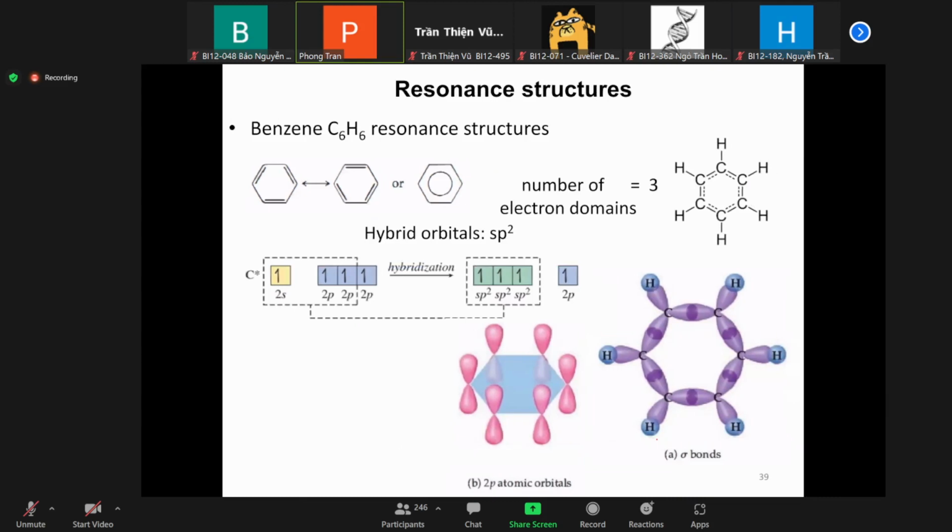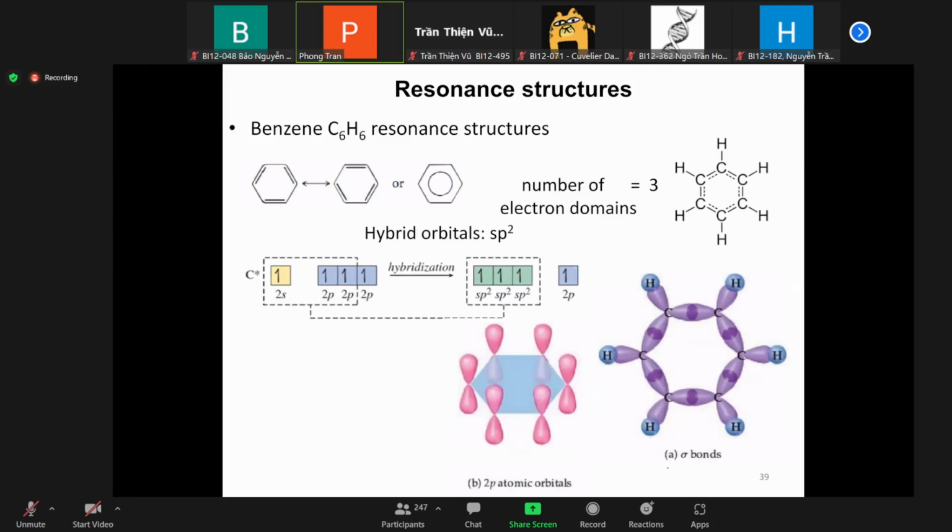Now, in the case of resonance structure, you can see that for the case of C6H6, the benzene, you have the sigma bond between the carbon and carbon, like this. And then you have a p orbital that can make the pi bond like this one, pi bond like this one, pi bond like this one.